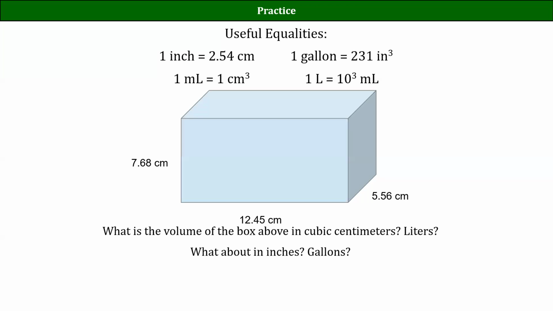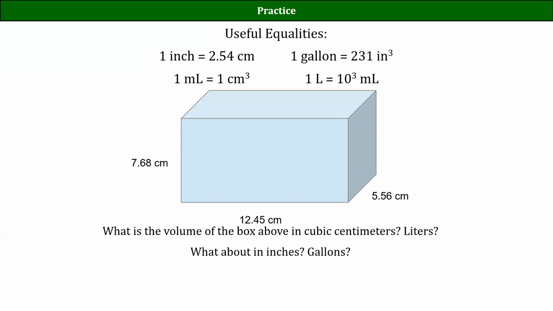Let's use the same number and put it in another context. Let's do it in cubic inches. How do we get to cubic inches? Well, we had cubic centimeters right here, right? So 532 cubic centimeters.